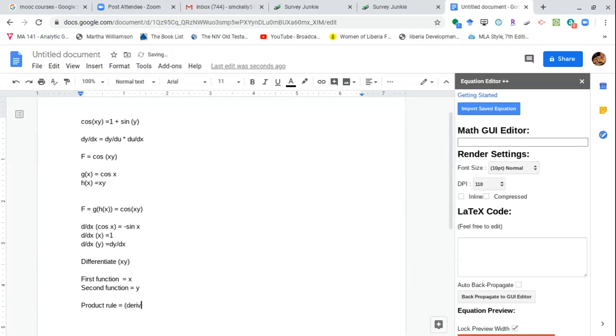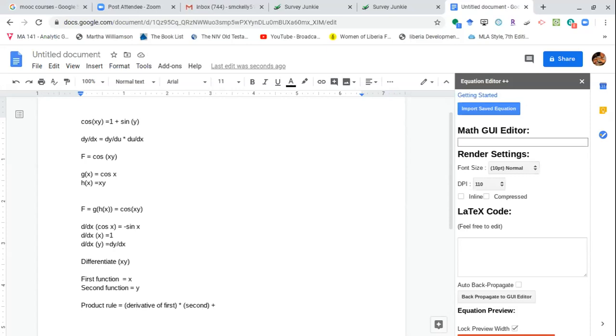You can write it as the derivative of the first times the second, plus the first times the derivative of the second, or however you learned it. I don't know how he taught it to you.